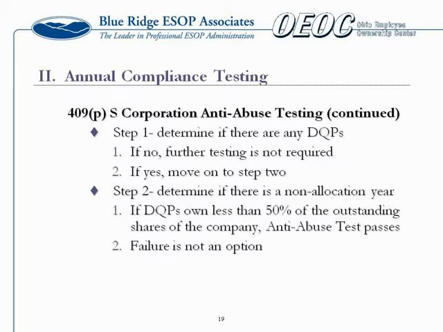It took them a few years to tweak it. I'm not sure it's totally tweaked now. It appears to be, but there were various versions of this code section. But at the end of the day, it did what it was supposed to do. For some very small ESOP companies it is a big consideration: frankly, you can't do an S corp ESOP if you have less than 10 employees.